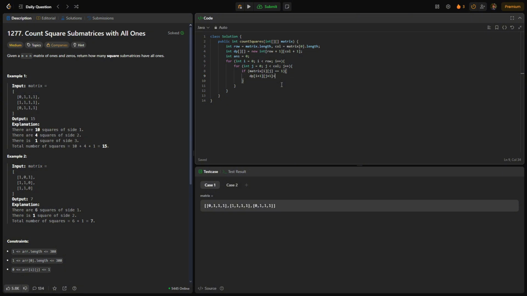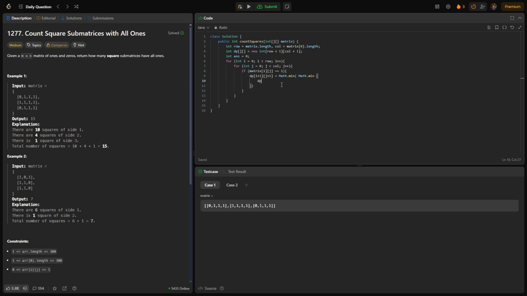So that is going to be equal to the Math.min of, and then we're going to need 2 Math.mins here. So Math.min of, first one is going to handle the value to the left and the value above.